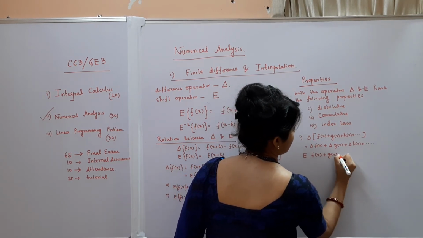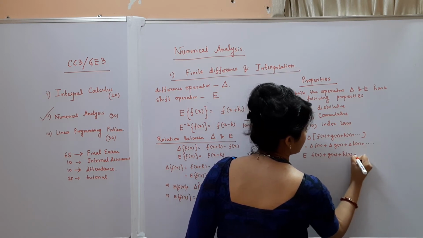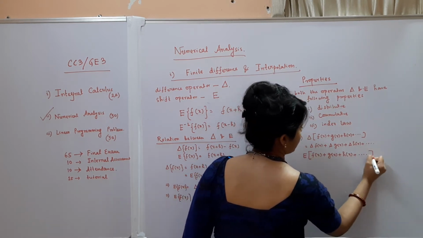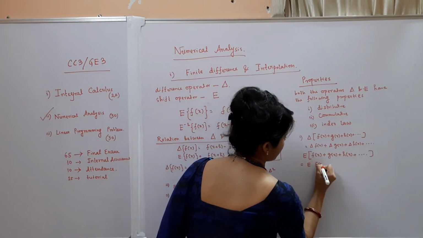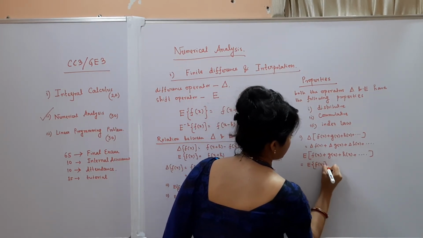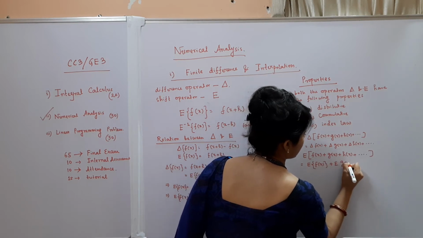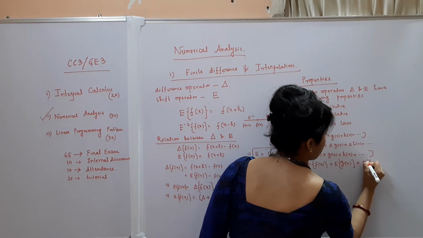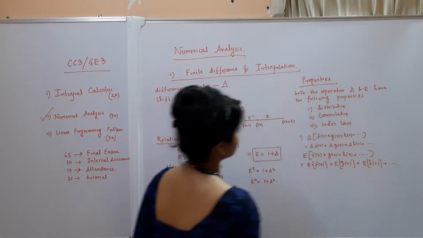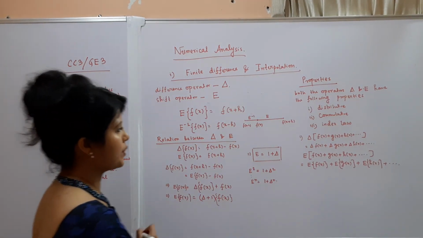If we consider a summation of functions like this and apply the shift operator on this summation, then the shift operator distributes beautifully on each of the functions. So this is called the distributive property.